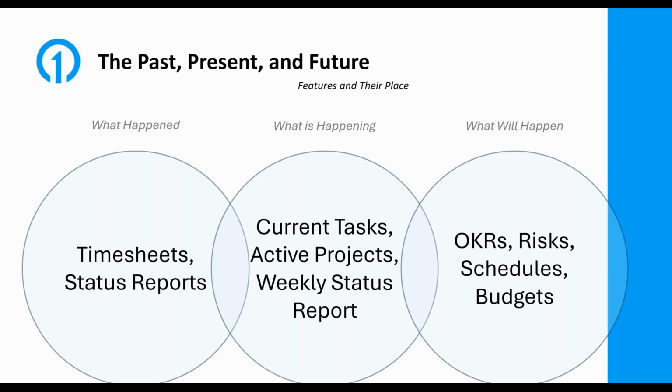So with regard to OnePlan, and again, I touched on this, what happened involves timesheets, past status reports, trending, what is happening, current tasks, active projects, weekly status reports, and what will happen: OKRs, risks, schedules, budgets. And again, I'm going to pause on the right circle and say, we'll demonstrate this in the product as well.